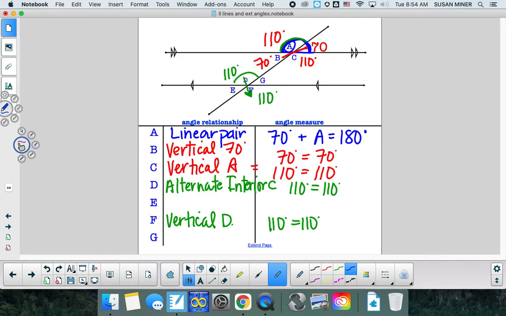And then, oh, angle E, there's my linear pair, right? Or I could have said, hey, angle E is an alternate exterior angle to my 70 degree angle. So there's lots of different angle relationships we can identify here.